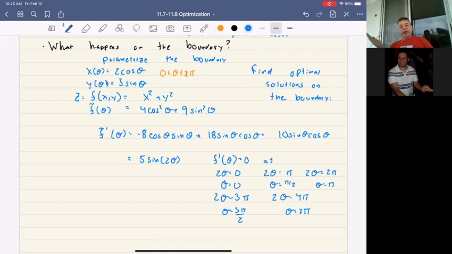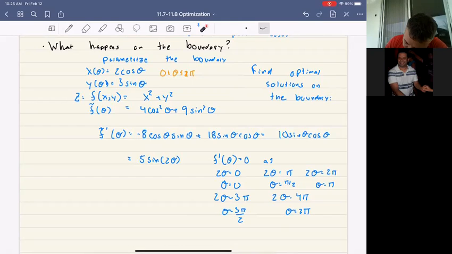Now, we can take the second derivative to find what's going on, but we really don't need to. Instead, I'm just going to plug these values in for x and y to give me the points.